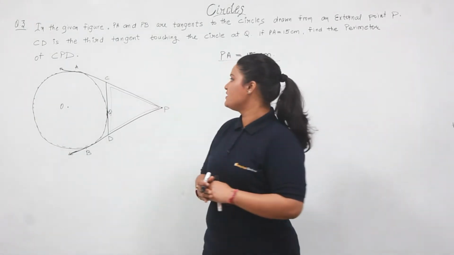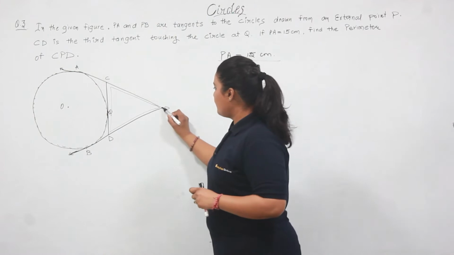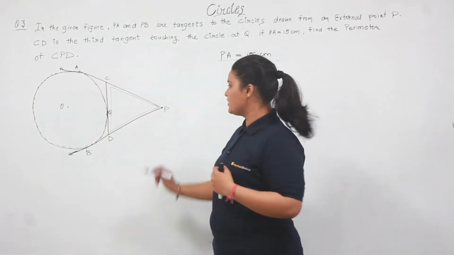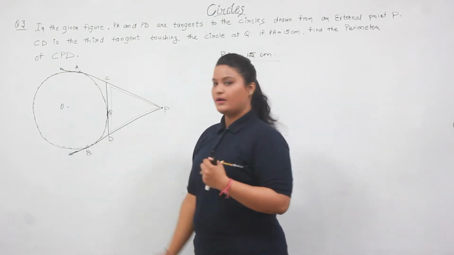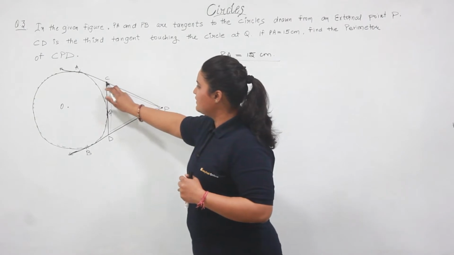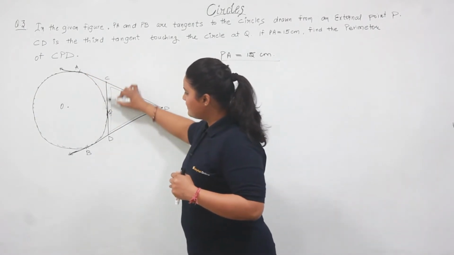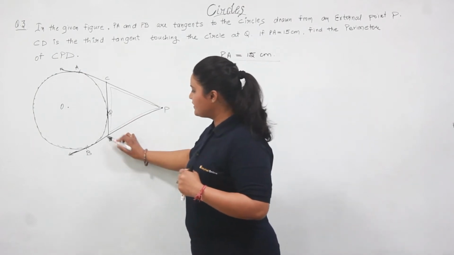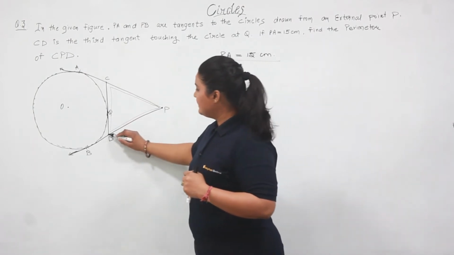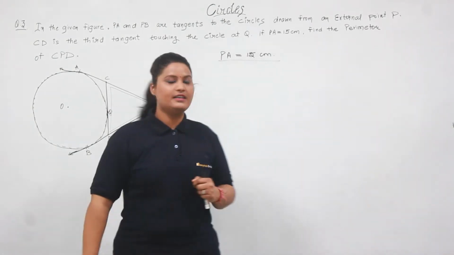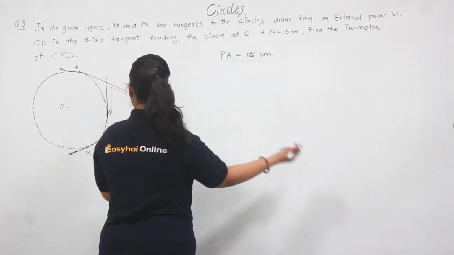So how many tangents can we say? From point P, PA is one tangent and PB is the other. From point C, there are tangents CA and CQ, and from point D, there are DQ and DB.